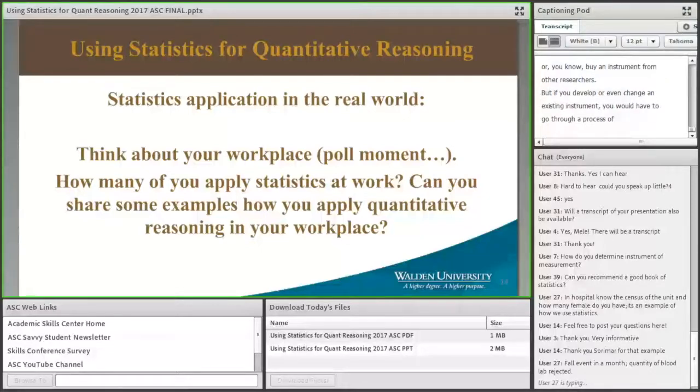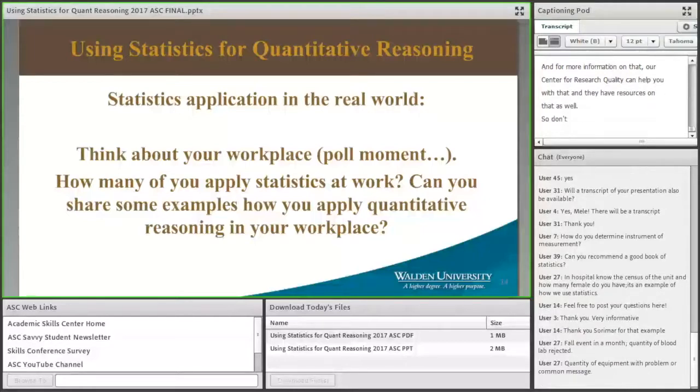And I can tell you from firsthand experience with my dissertation study that this is not always the easiest route to take. Sometimes it makes sense: if there is an existing instrument to measure something, then I can only recommend you use that. For more information, our Center for Research Quality can help you, and they have resources on that as well. So don't hesitate to reach out to the CRQ or even to our services, and we can direct you to the right place for that answer.